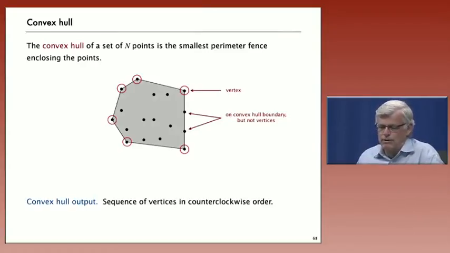Now, what should the output of such a method be? Well, in order to be able to work with the result, it should be a sequence of vertices that gives us that polygon if we follow it. If we've got some points that are on the boundary but aren't really vertices, they shouldn't be included.